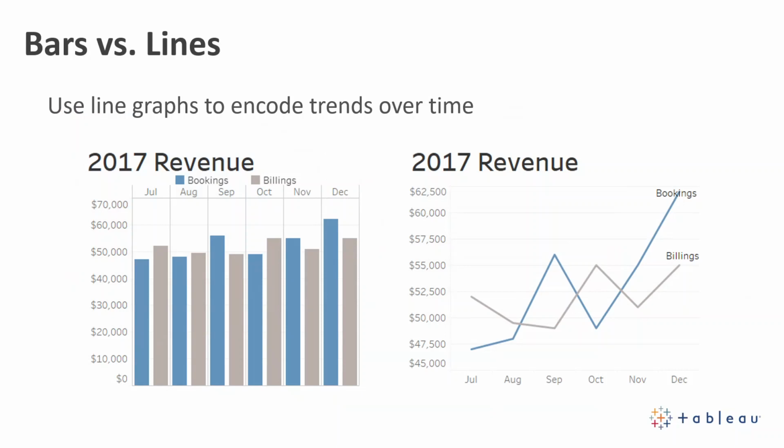There are also times where bar charts are not the most relevant graph. As you can see in this example on the left, it is hard to see the trend in the bar chart.